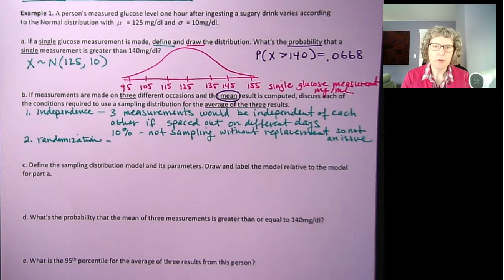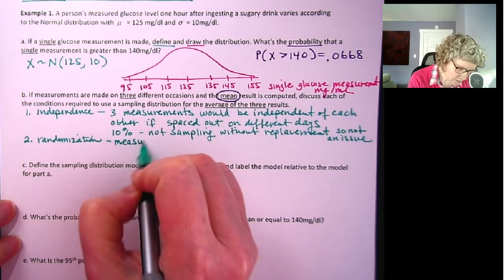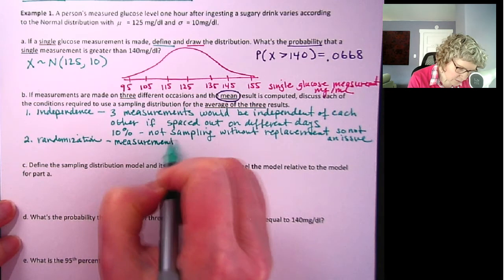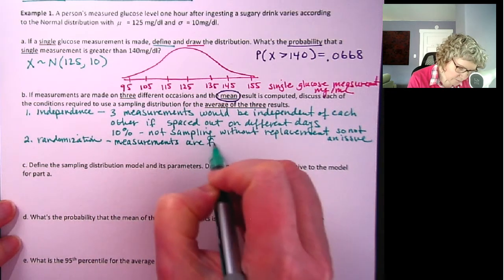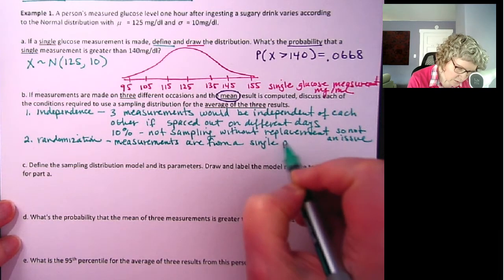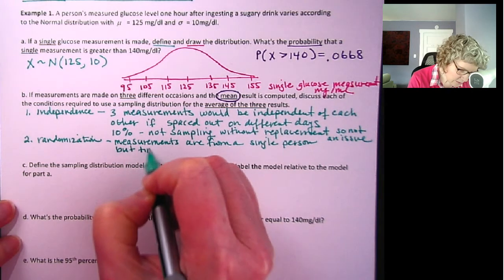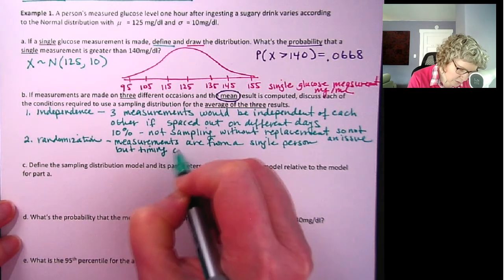Someone who has a more medical background could probably make a better decision on what would be needed. But since measurements are from a single person, timing could be randomized.